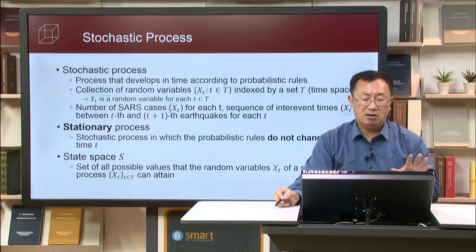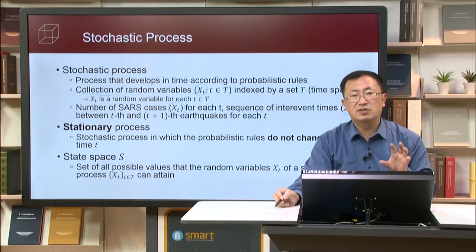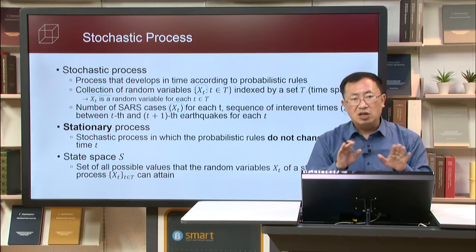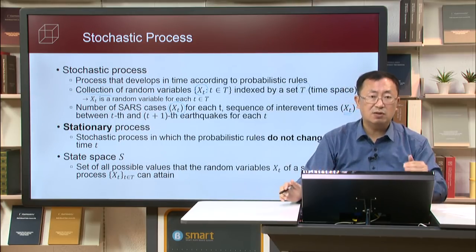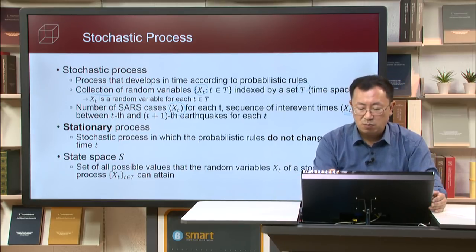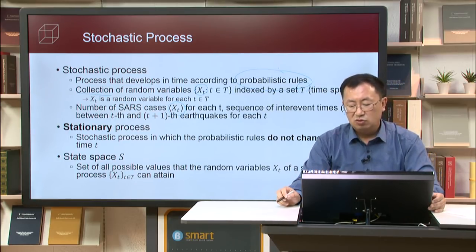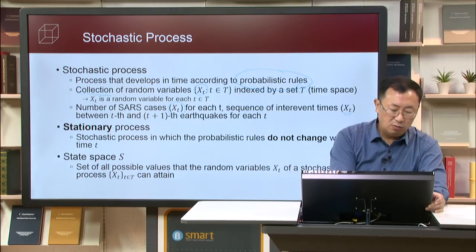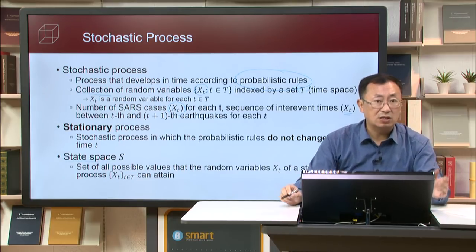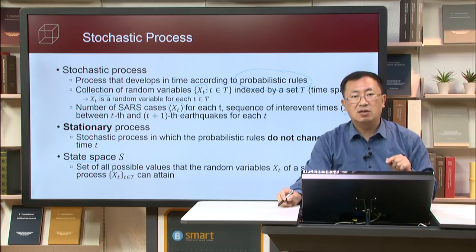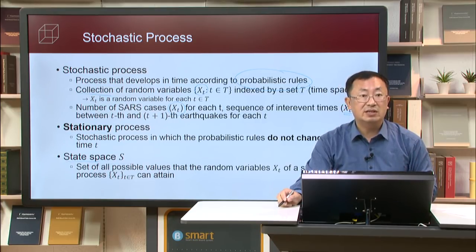You may hear the term stationary. Stationary means it doesn't change over time. A stationary process is a stochastic process in which the probabilistic rules do not change with time t. When you talk about a stochastic process, we also need to specify the set of states, or the state space.